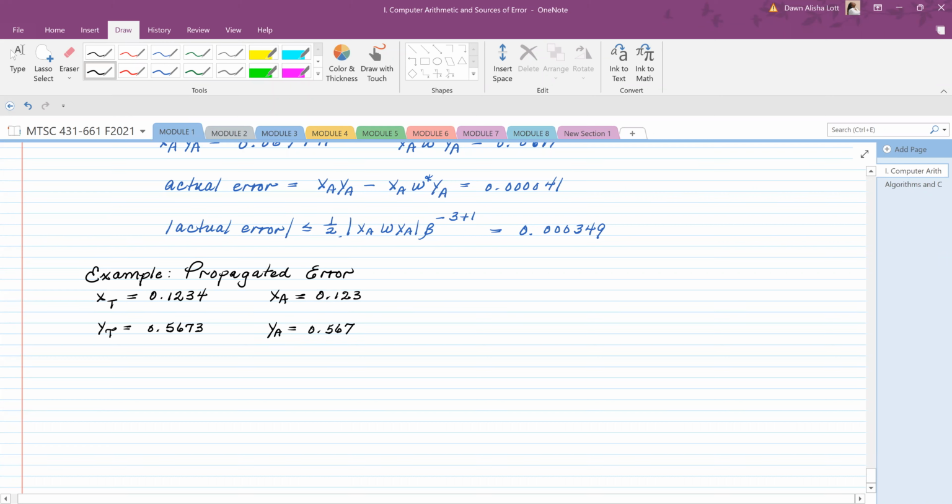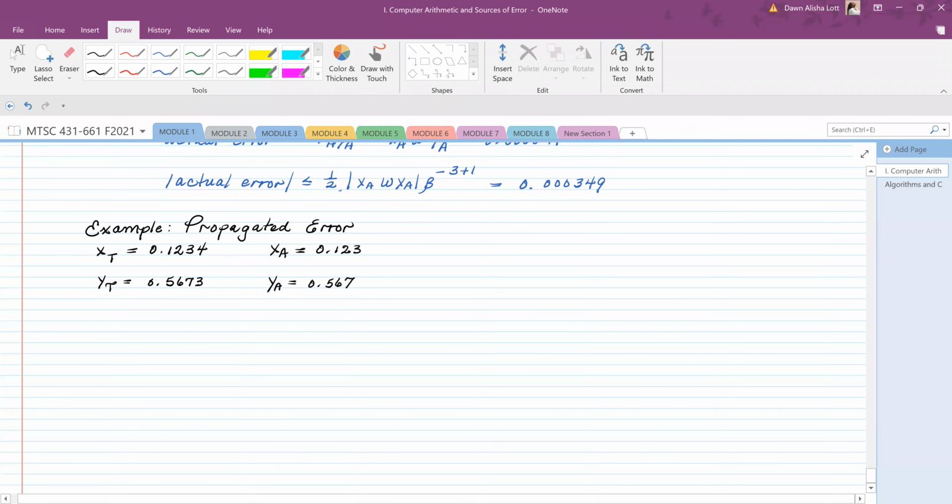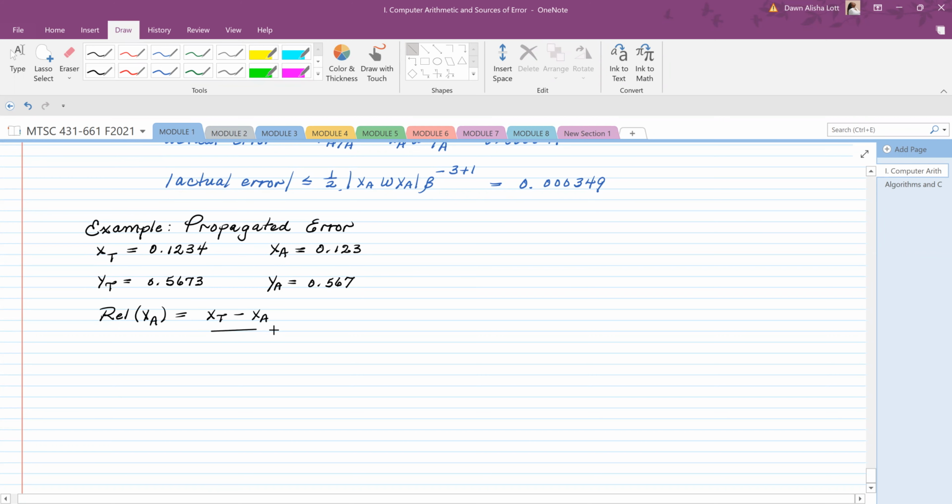0.567. Okay, so our relative error in X approximate turns out to be X true minus X approximate over X true.